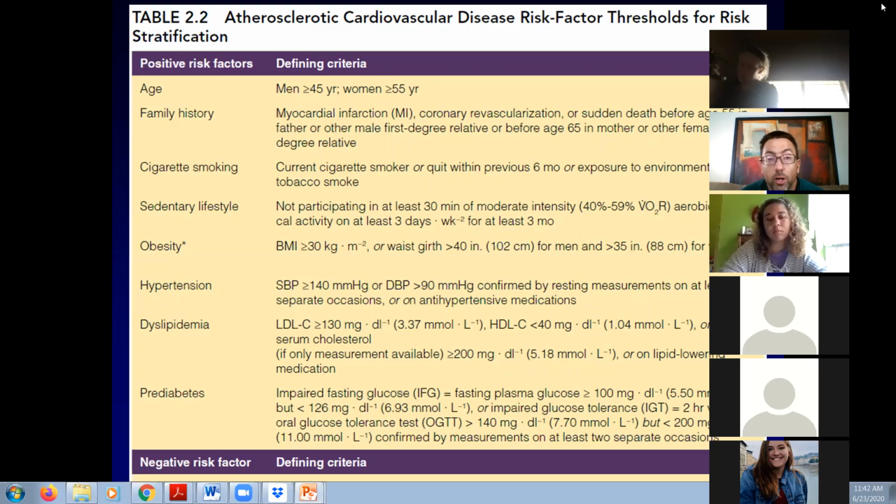However, there is some guidance given by the American Heart Association and the American College of Sports Medicine on another way to approach, especially in young individuals. Okay.